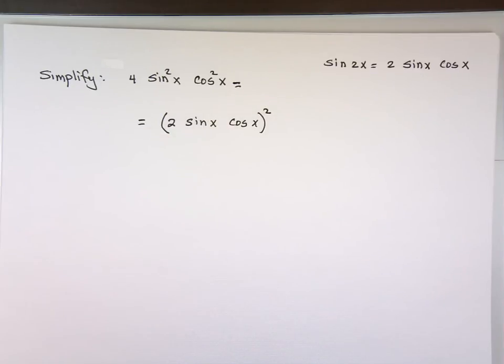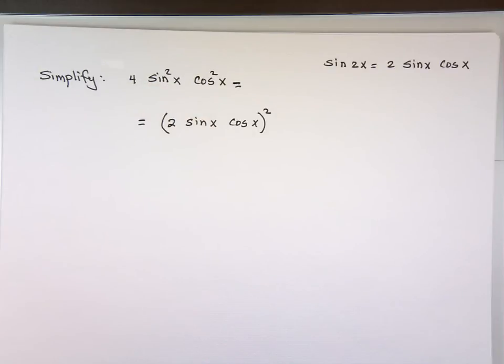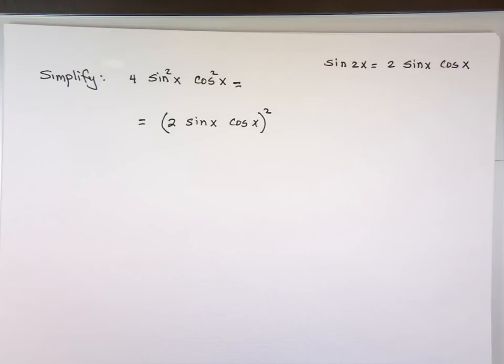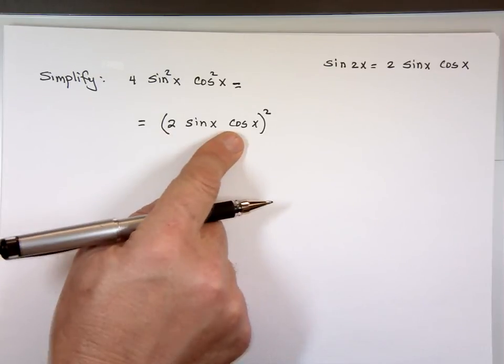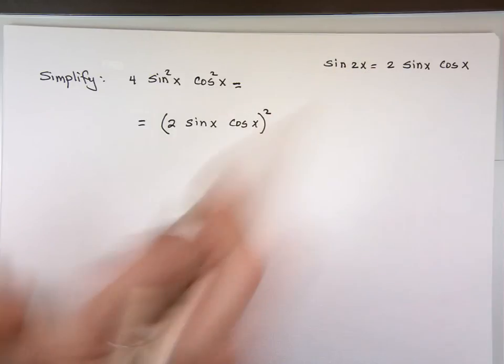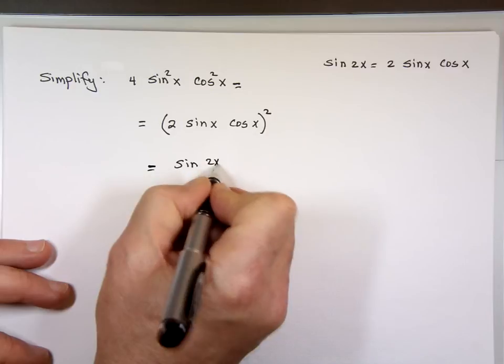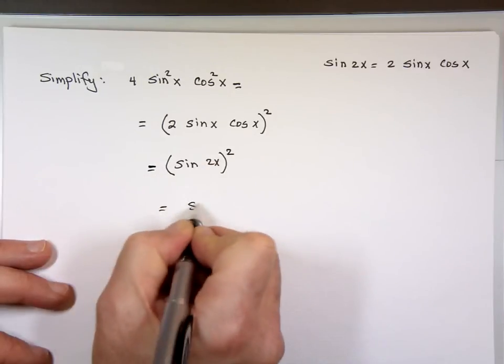Take the sine squared, sine squared. Take the cosine squared, cosine squared. What is 2 sine cosine equal to? Sine 2x. Don't forget to square it. And the way we normally write this, we go sine squared 2x.